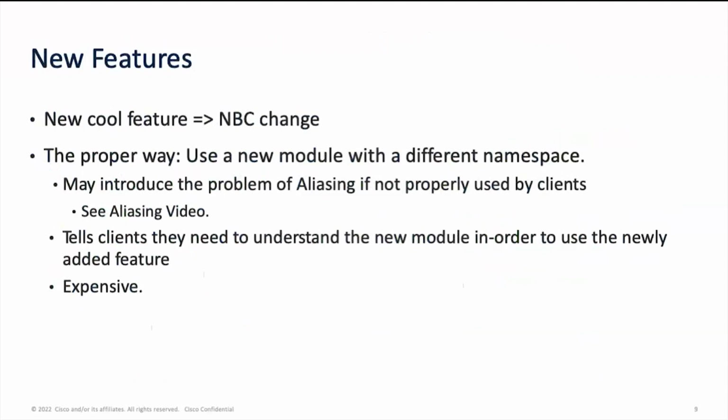Let me describe how. When adding a new feature that doesn't follow the update rules to maintain backward compatibility, as mentioned in the RFCs, and we'll talk about them in a little bit, in that case we are breaking backward compatibility.